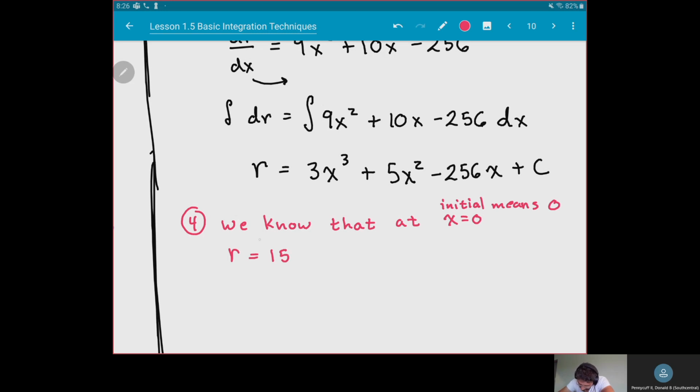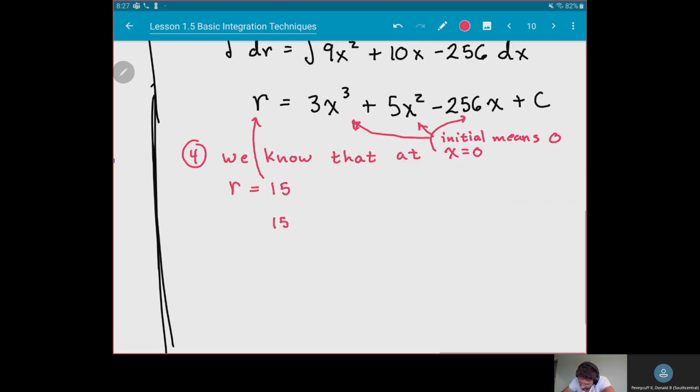Okay, so all we're going to do is plug that in. And so we get 15 is equal to 3 times 0 cubed plus 5 times 0 squared minus 256 times 0 plus c.